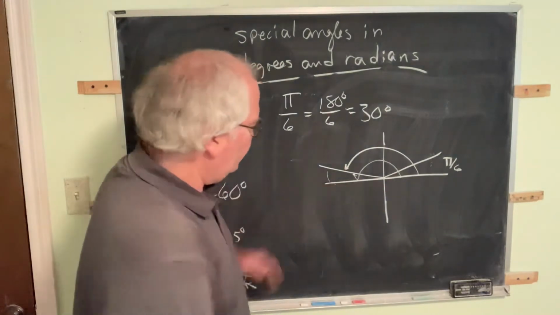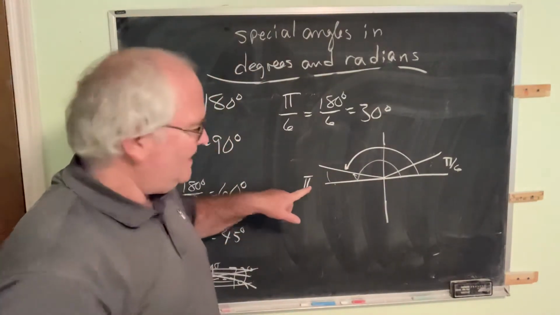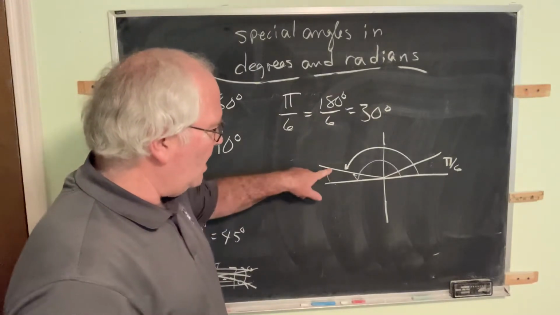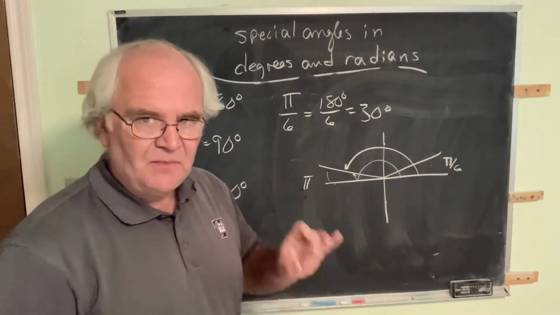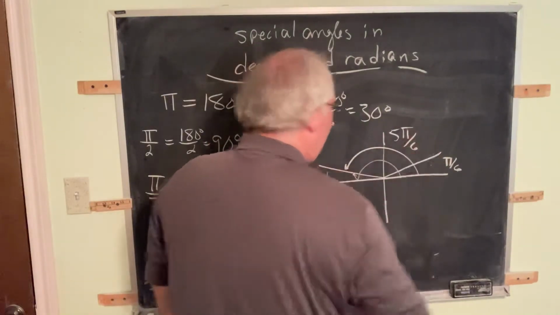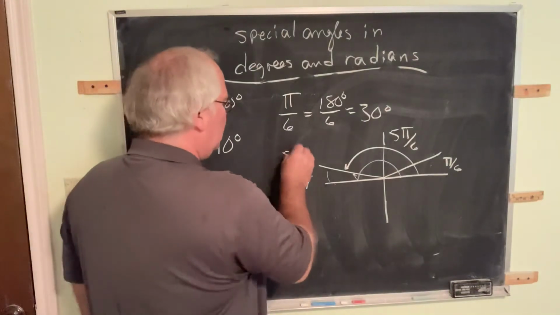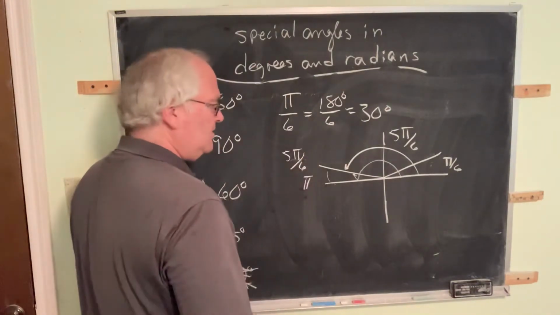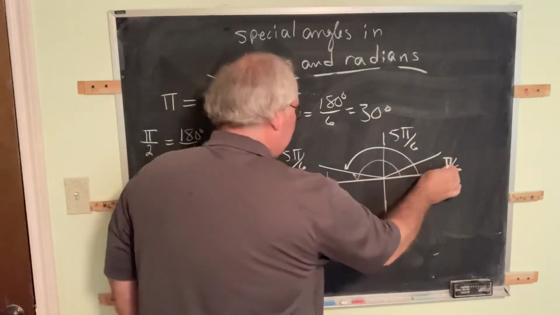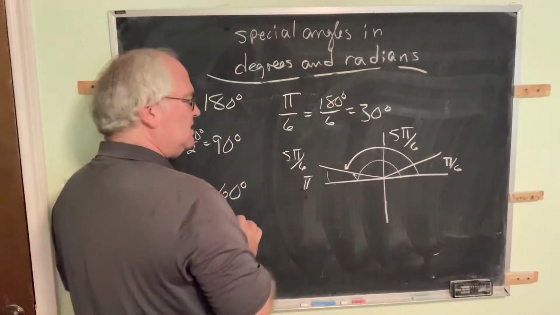That would be, do you see my 6/6? 6/6, take away 1/6. What's 6/6 minus 1/6? It's 5/6. So in quadrant 2, this angle is 5 pi over 6.